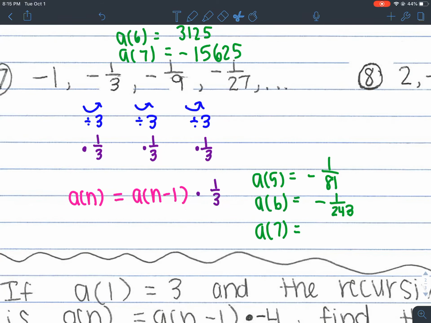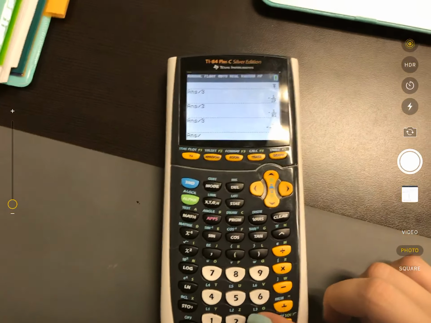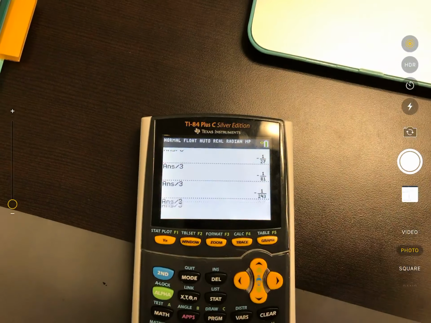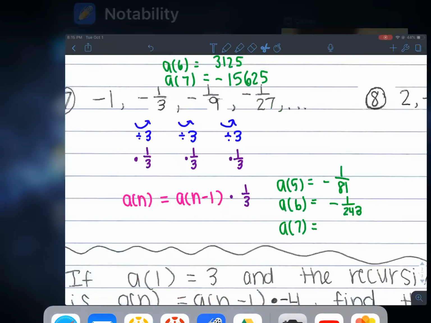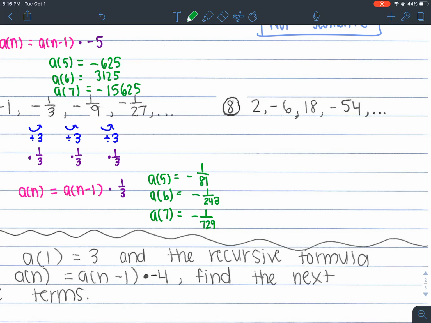Then I divide by 3 again, and I get -1/729. So I'm getting the same sign, right? I'm continuously staying negative because my sign is not flip-flopping, because I'm multiplying by a positive number.